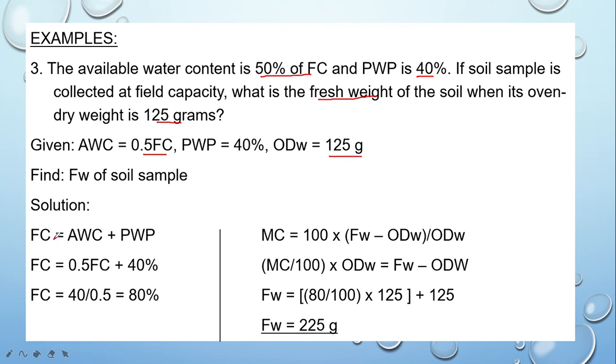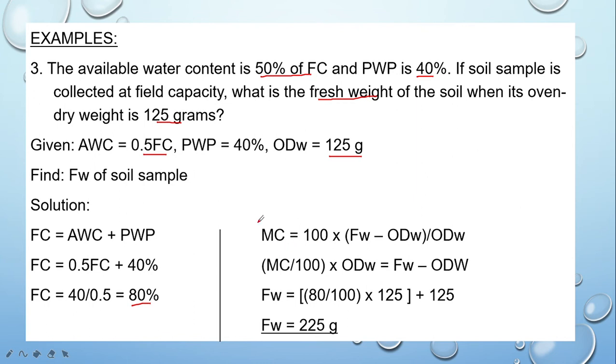Field capacity is equal to AWC plus PWP, and that is 0.5 FC plus 40%. So manipulating this one, we have FC is equal to 40 divided by 0.5, and so we have the field capacity as 80%.